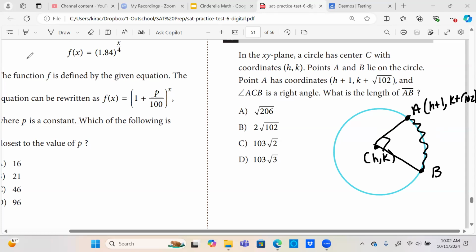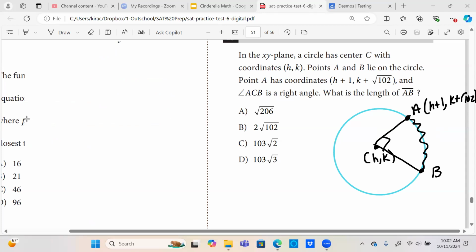Ooh, okay. So arc length is your degree out of 360 times your circumference.